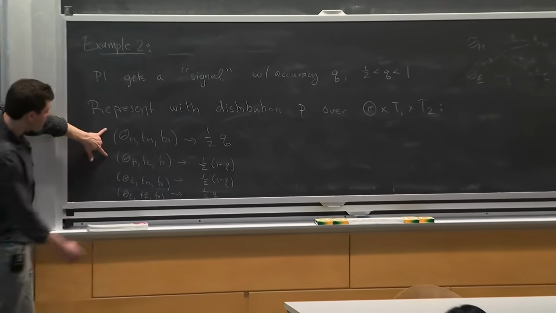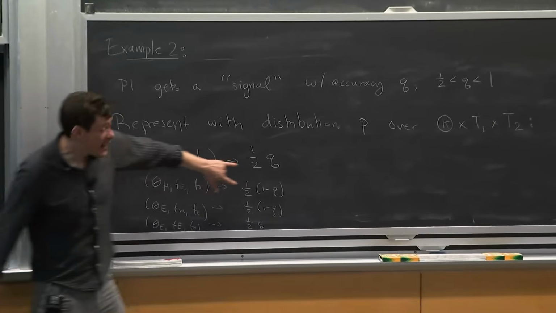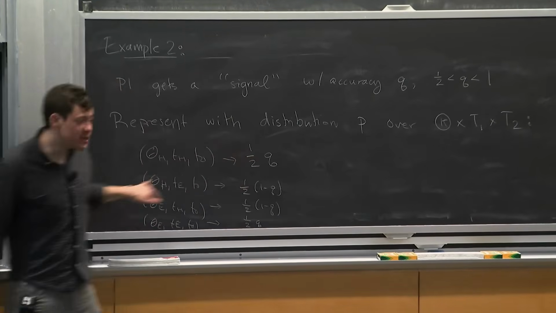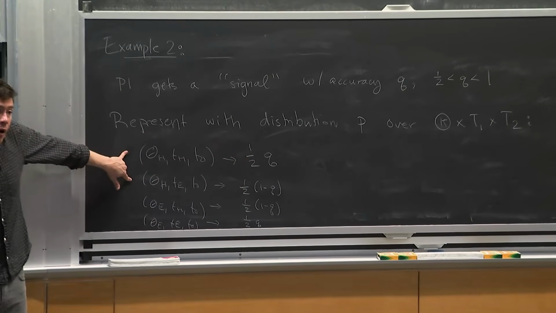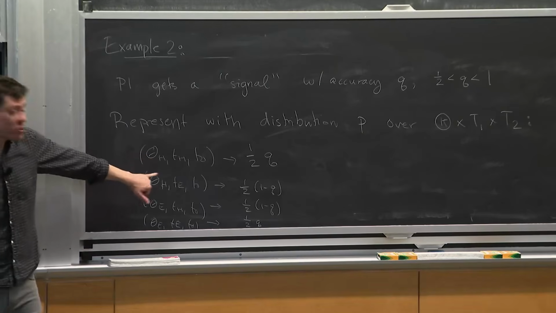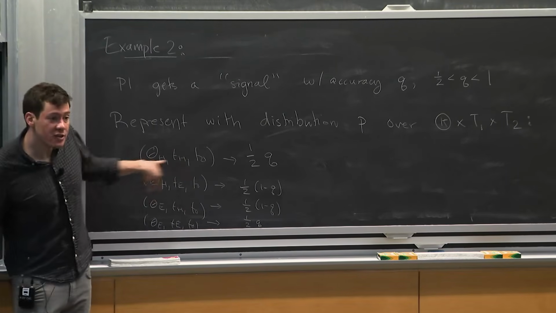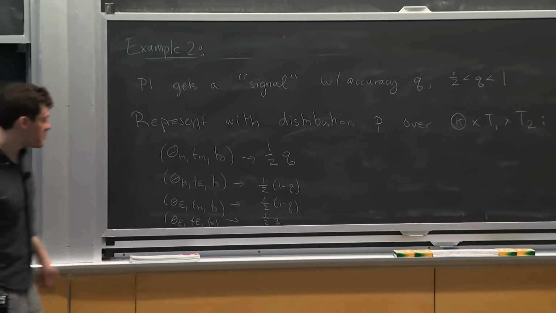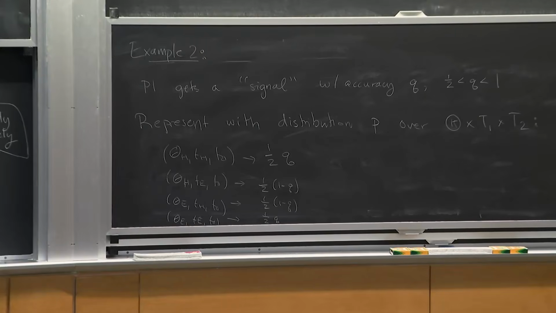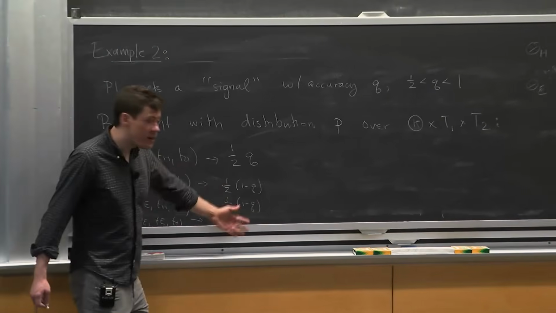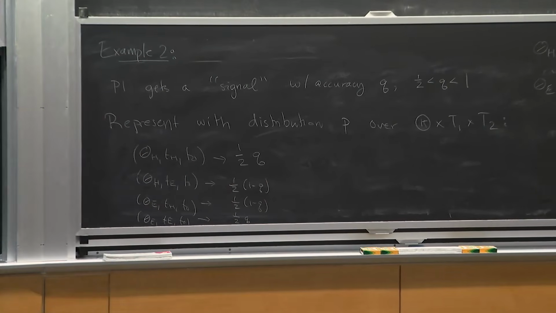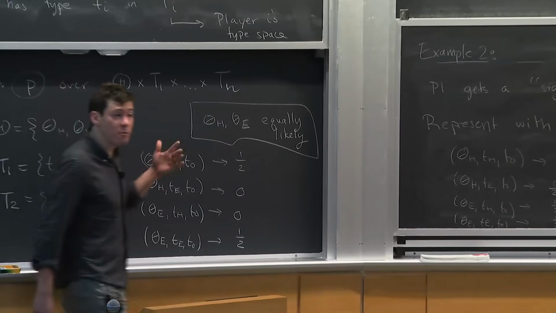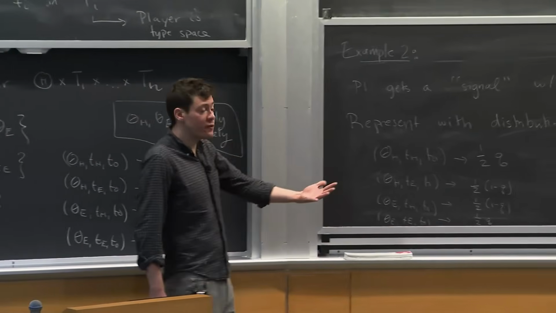Notice here, if we sum the first two, we get 1/2, which makes sense because the sum of the first two is exactly the probability that the state is hard, since, given the state is hard, we're summing over the additional types. Let's look at the extreme cases. If q goes to 1, what happens here? Well, now we're just back over here. This is the special case where player 1 perfectly observes the difficulty of the project.